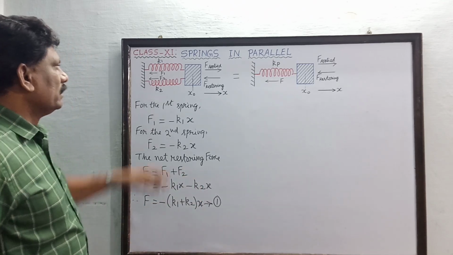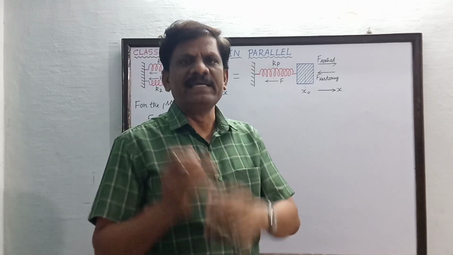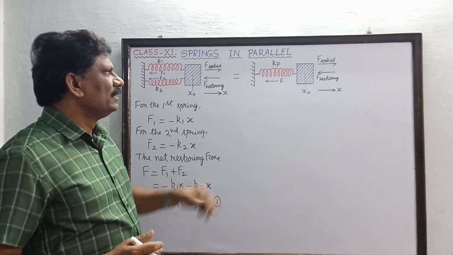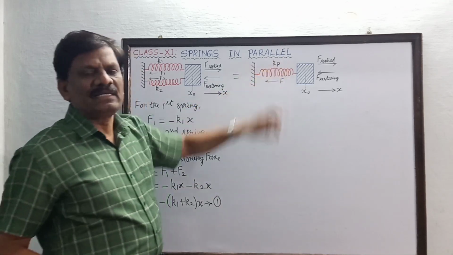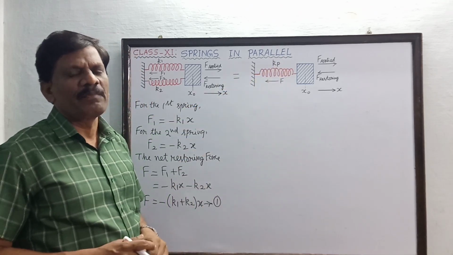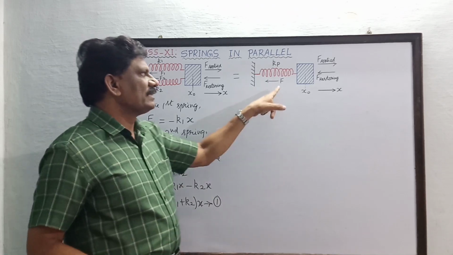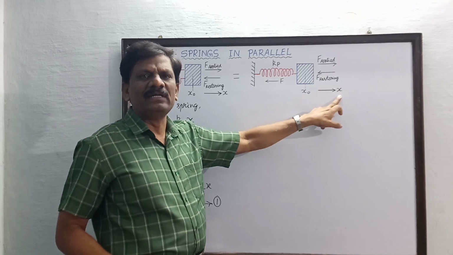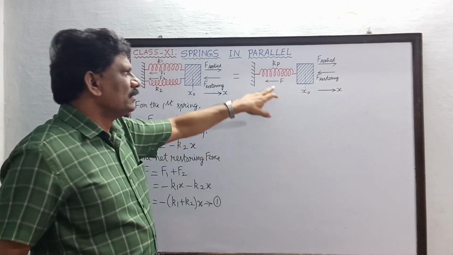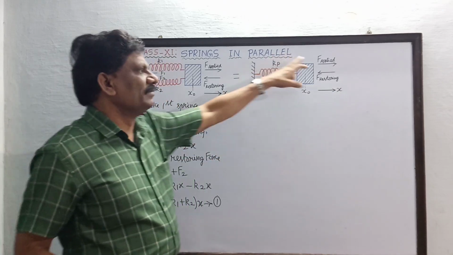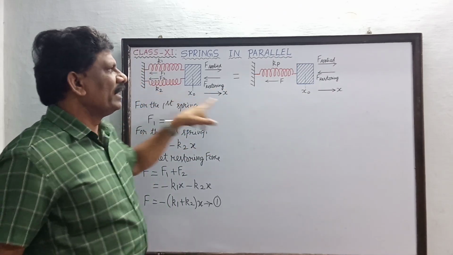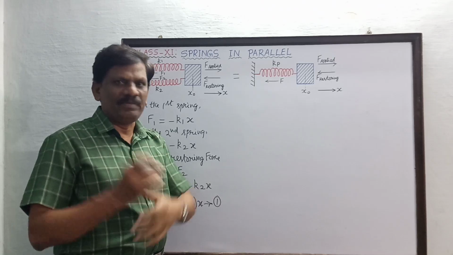Now suppose the same effect can be produced by a single spring, then its spring constant must be equal to Kp, P for parallel, for the same restoring force F and for the same displacement x. For this equivalent system, we have to find out the expression for Kp first.